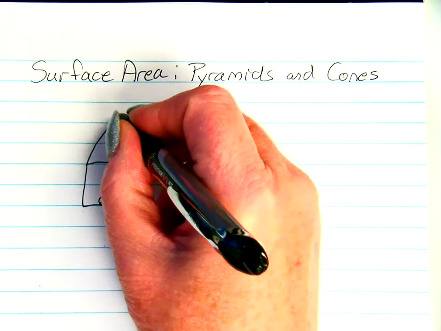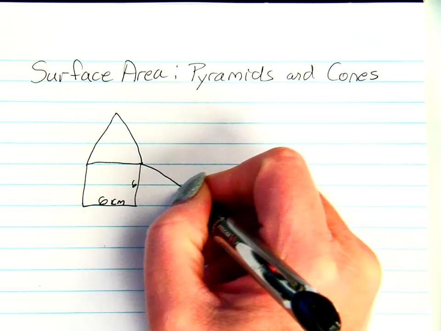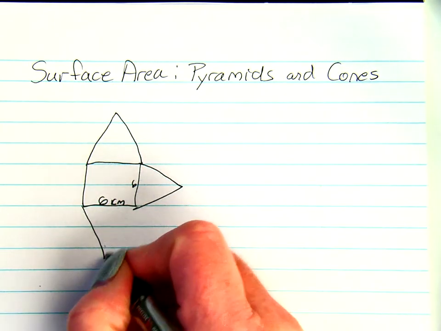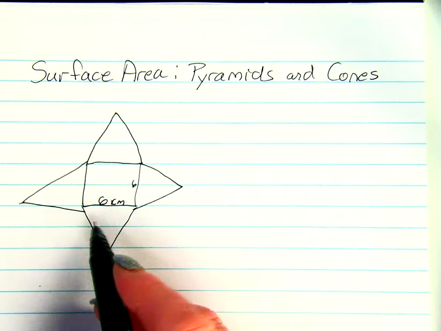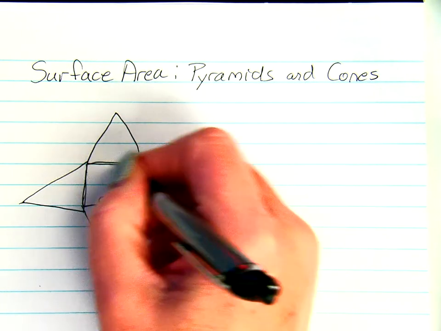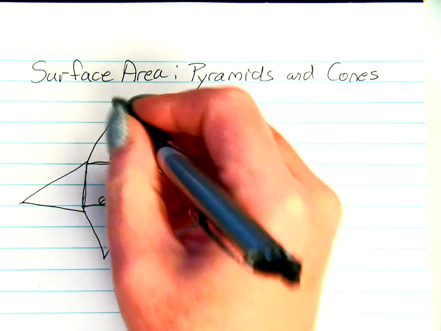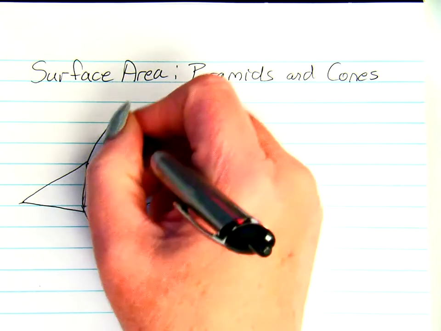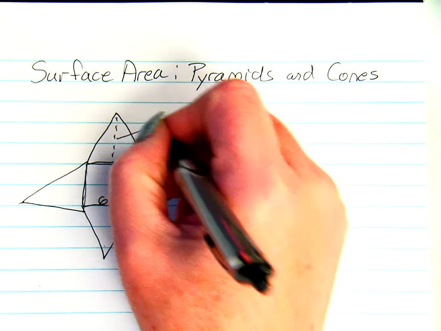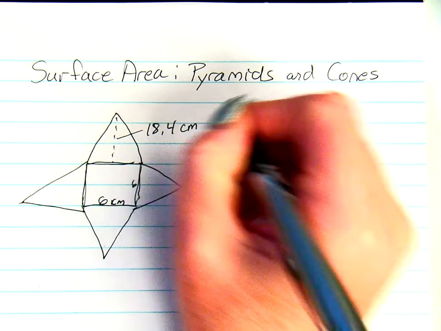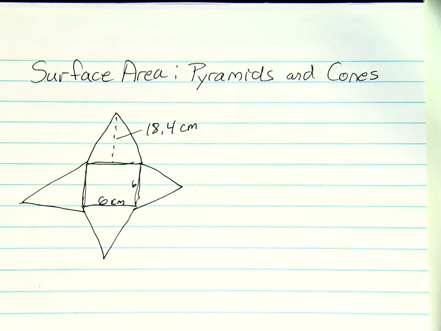So I'm going to go ahead and make my triangles. Frankly, they're not going to be consistent. However, we do know that because it's a square, all of these sides are going to be 6, and all of these slant heights are going to be, what did I say, 18.4 centimeters. Okay, so when we are talking about surface area, as a reminder, it is everything that is on the outside of our shape.